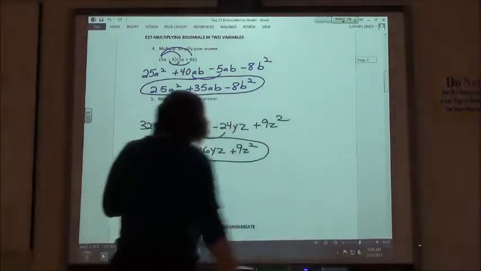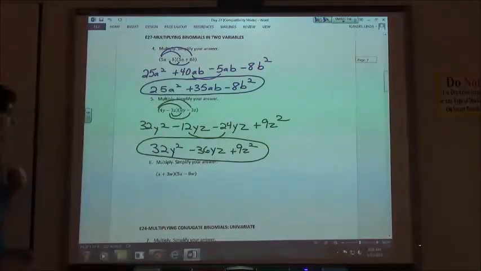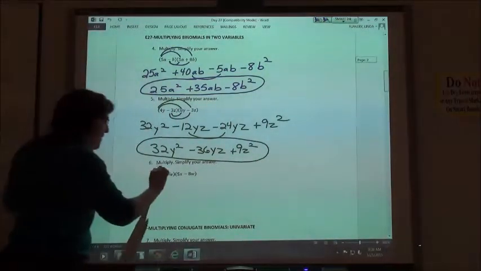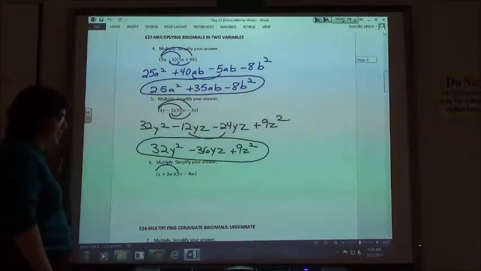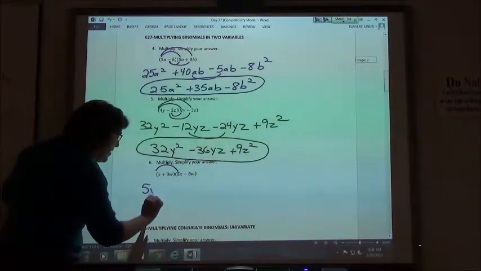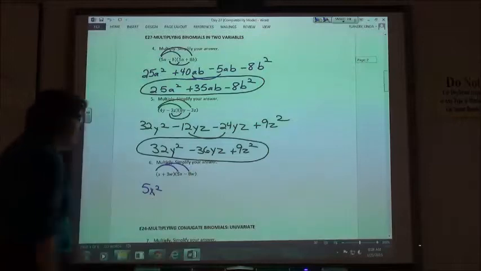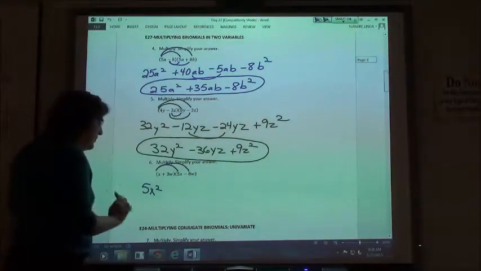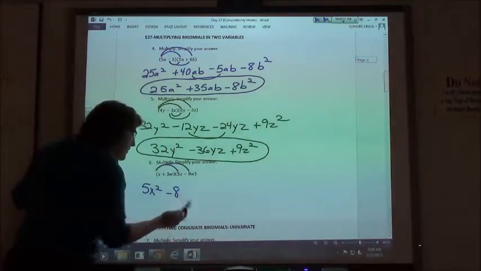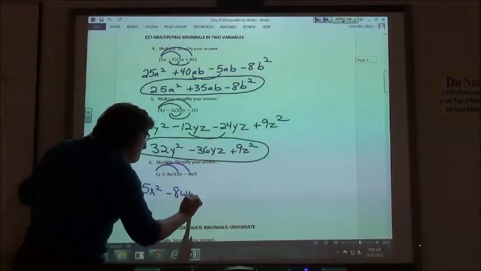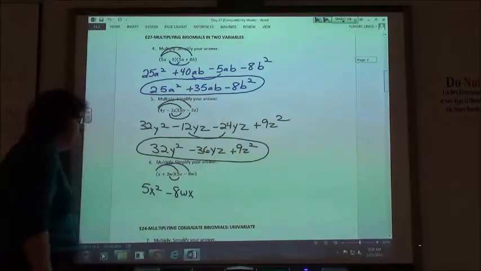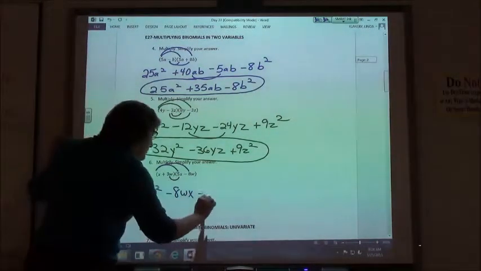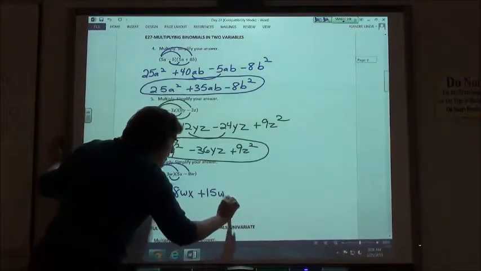Number 6, same thing. If we FOIL that one out, our first term would be 5x squared. Our outside, negative 8wx. My inside, positive 15wx.